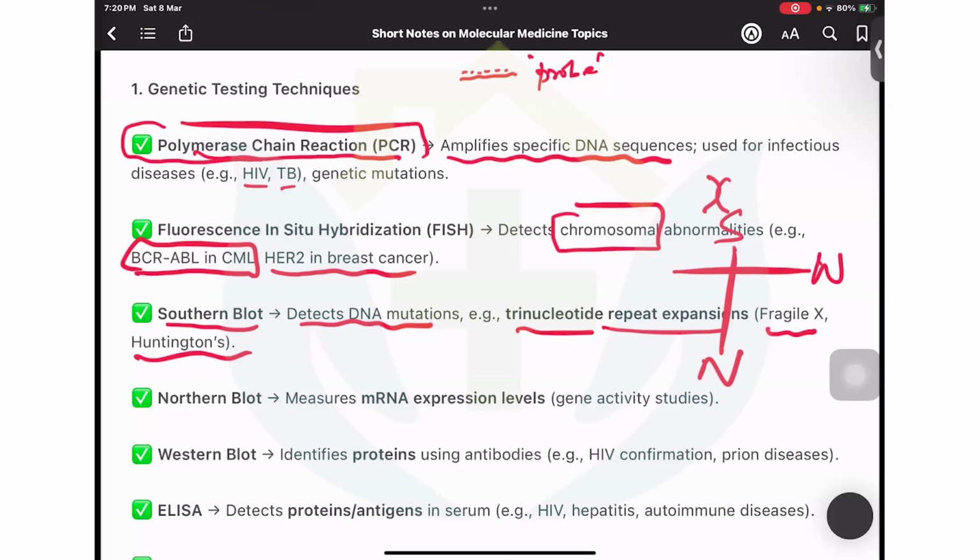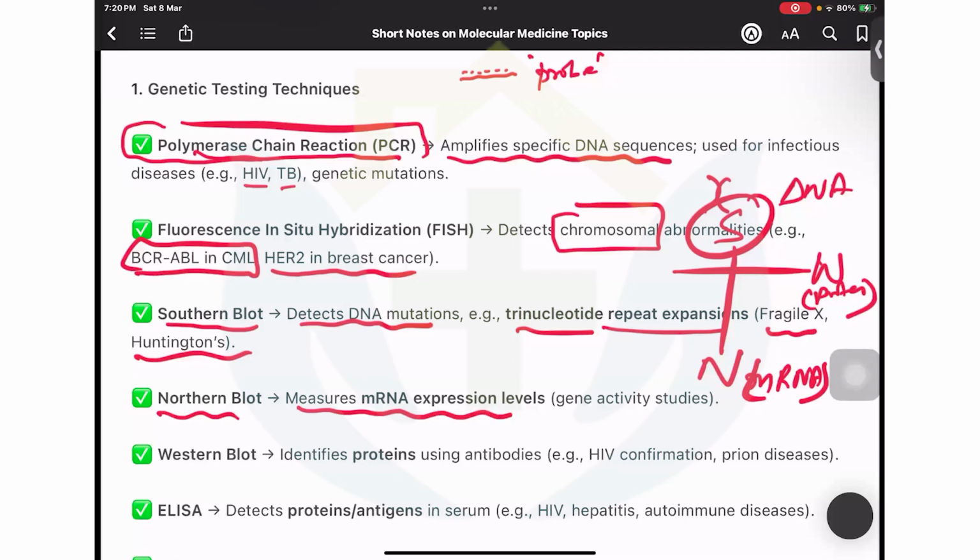So Southern blot is DNA, Western blot is protein, and Northern blot is mRNA expression. In Northern blot we measure the mRNA expression levels.